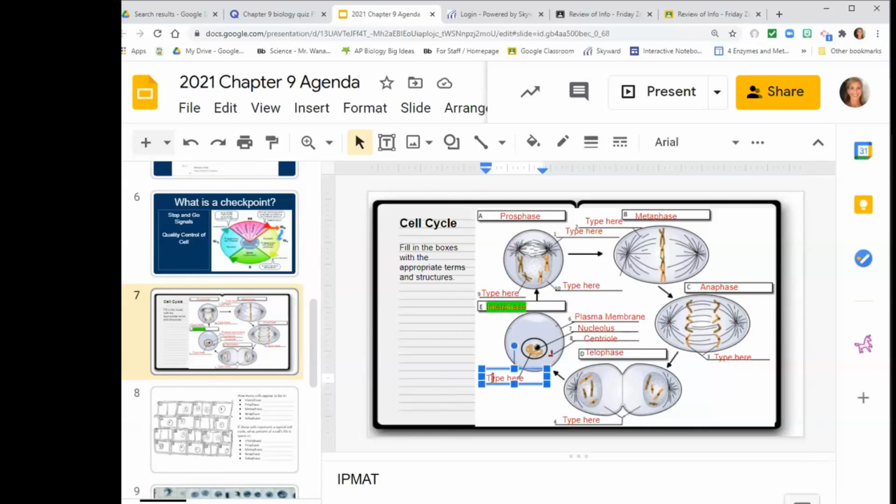And what we see inside is the genetic material, chromatin, chromosomes, or chromatids at this point. They're chromatin. So, 1A.